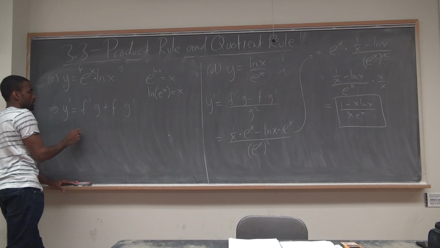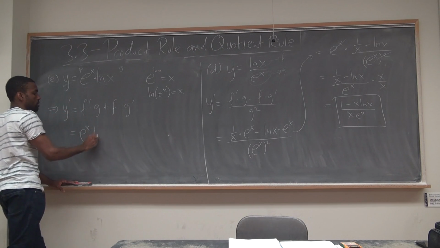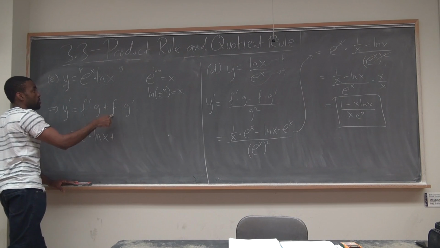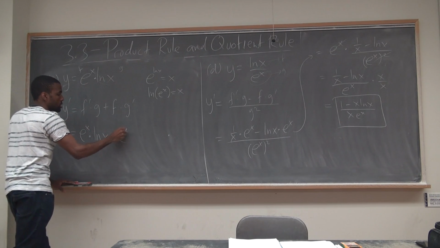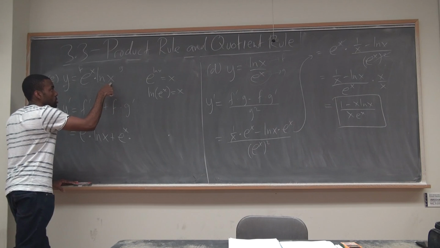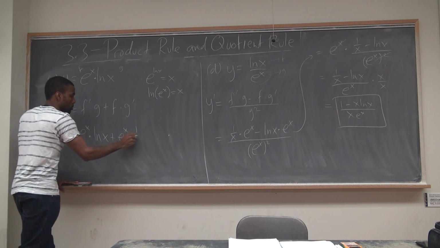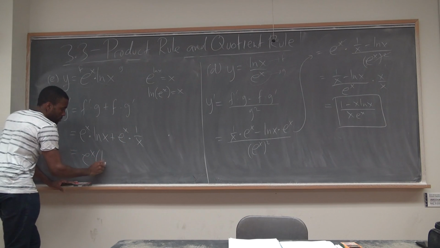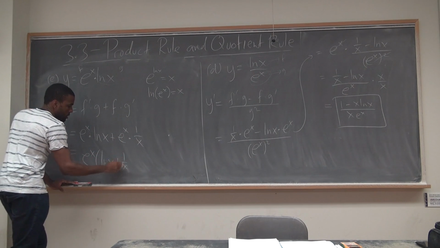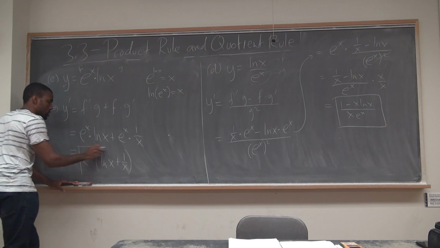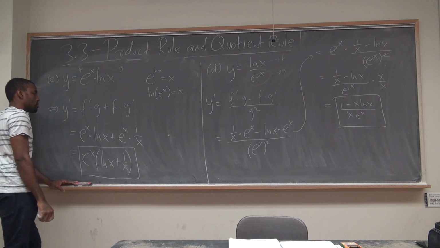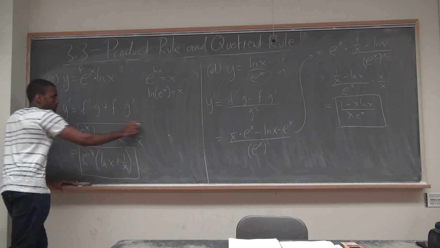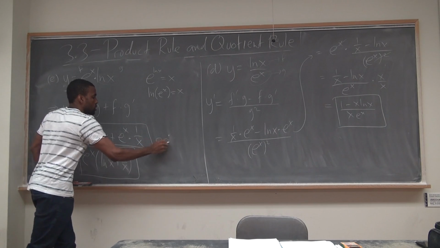So f prime is just itself, e to the x, times g, which is ln x, plus f, which is e to the x, times g prime, the derivative of that, which is 1 over x. I can factor out the common e to the x if I wish. Does this or that.